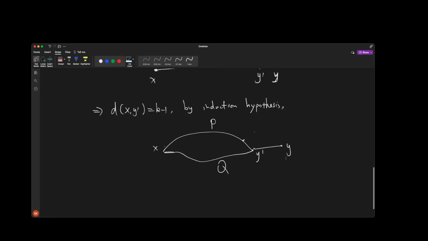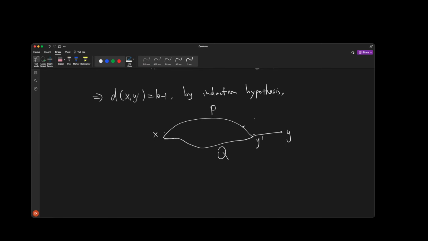We haven't used the assumption that Y prime is not a cut vertex. So G minus Y prime is connected, which implies there is another path R which connects X and Y in G minus Y prime.